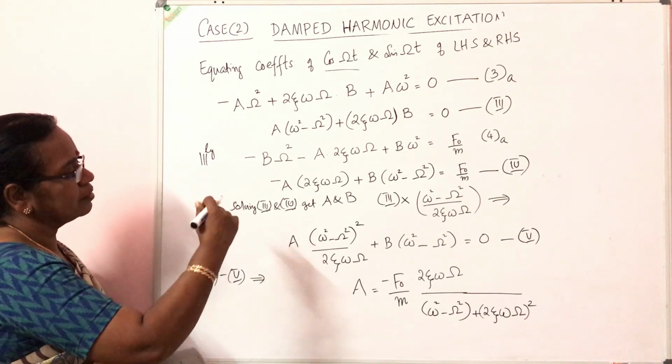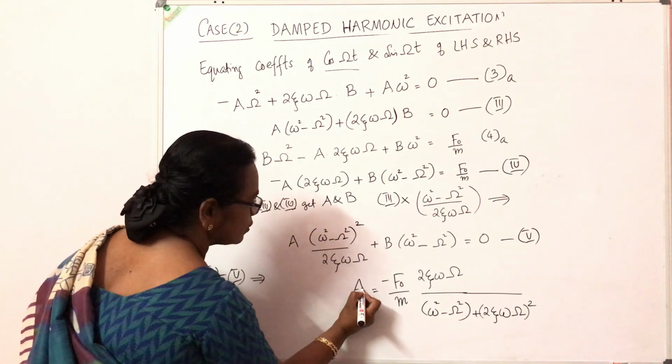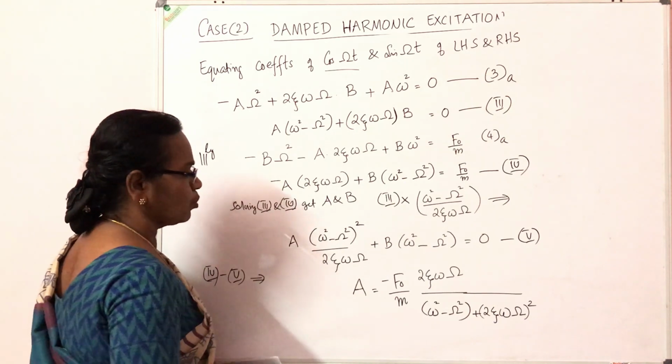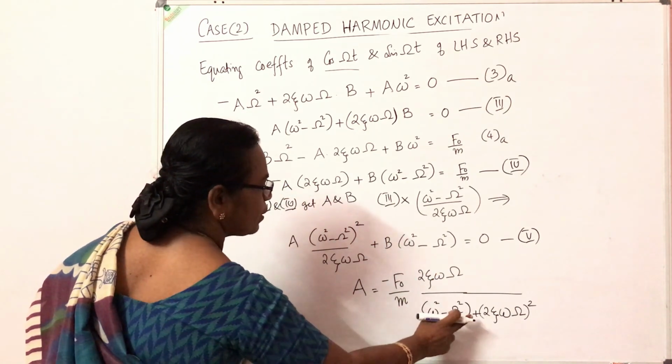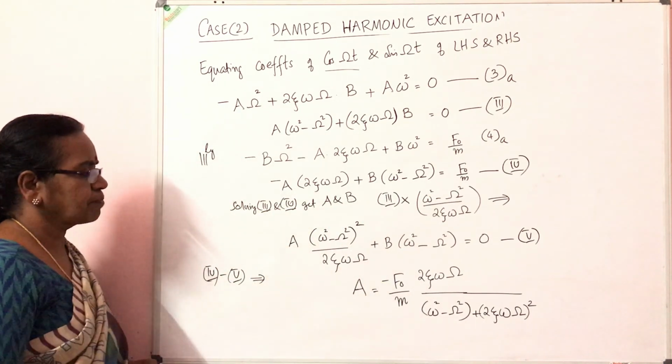So solving between the equations, we get the constant A as minus F0 by M, 2 psi omega capital omega by (omega square minus capital omega square) the whole square plus this.